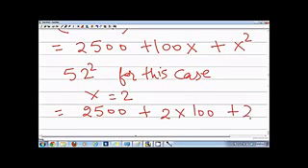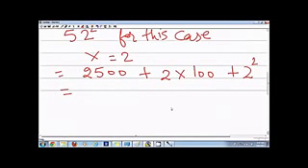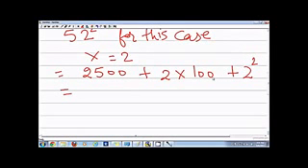And you can see because 2 is at the hundredth place, this 2 will be added to 5, and then this 2 square is at first place, so it will come up on the last digit. So we will have 2704.